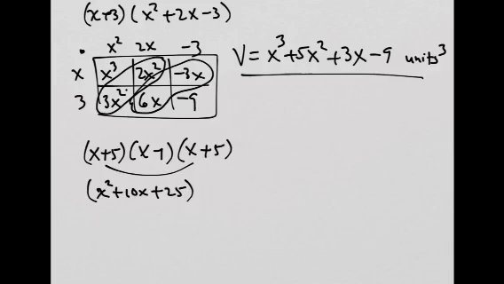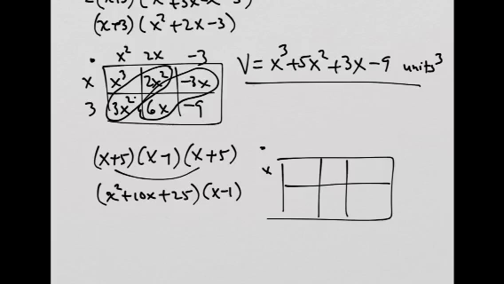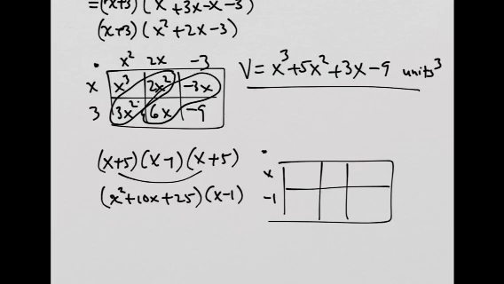But if you don't know how I got the 10x, just do it the way we did the previous box, where you just use distributive property. Okay, so now you can set up your 2 by 3, or just again continue using distributive property. Either one's fine. I'm just going to put the x minus 1 right here. X squared, 10x, and 25. So you multiply.